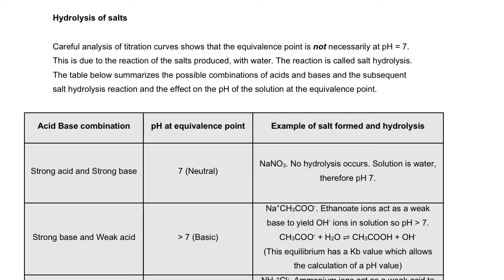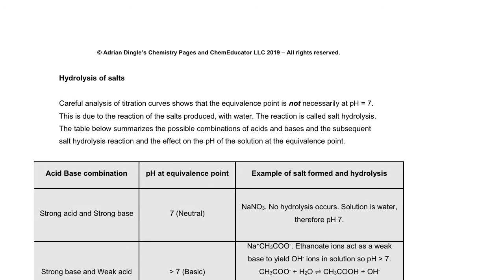Alright, the hydrolysis of salts. A salt, what this means is, if you have a weak acid like acetic acid reacting with a strong base, okay, you will make NaC2H3O2 and H2O.